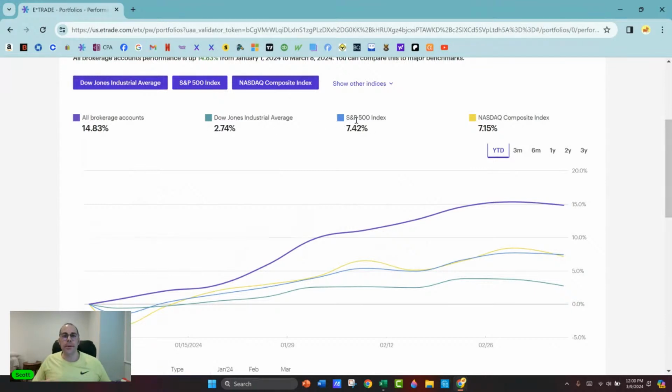So if I only invested in an S&P 500, like I put 100% of my money in spiders, I would just be up 7.4%. I do have a lot in spiders, maybe 20% of my money, but I have a lot in Berkshire Hathaway, Meta, Energy Transfer, Johnson & Johnson. So yeah, that's year to date.